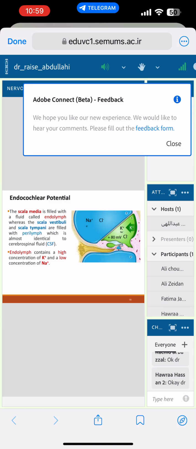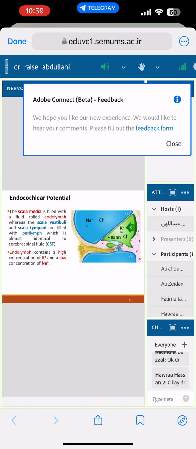So you need to know that endolymph is different in terms of chemical substances, regarding the ingredients, and regarding the electronegativity compared to the perilymph.